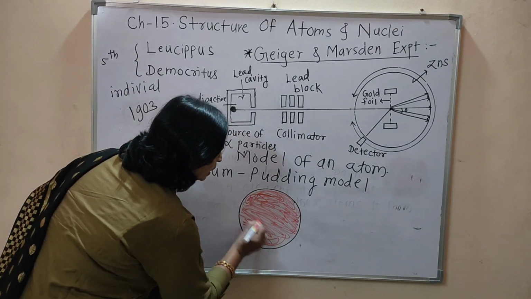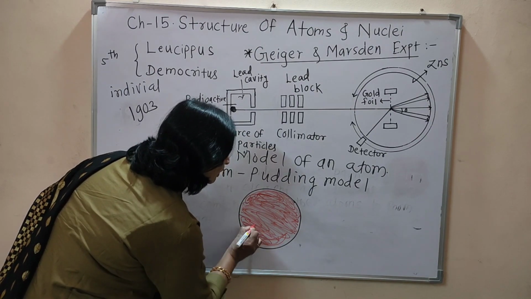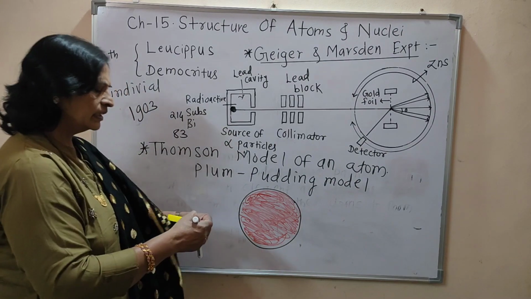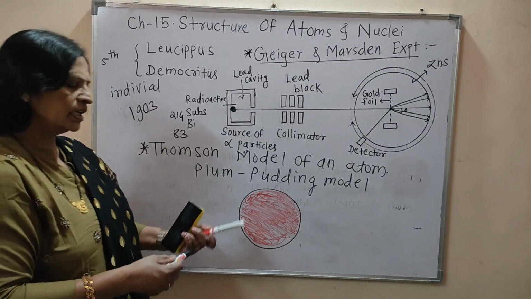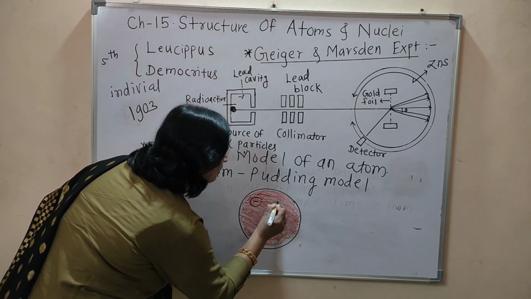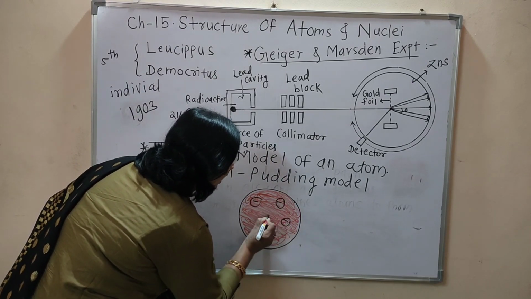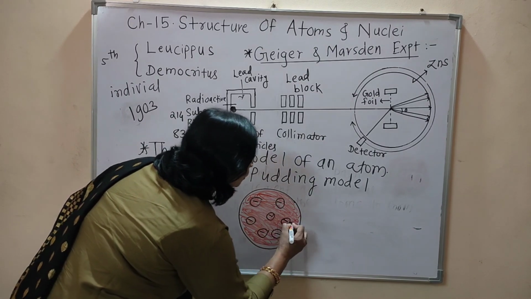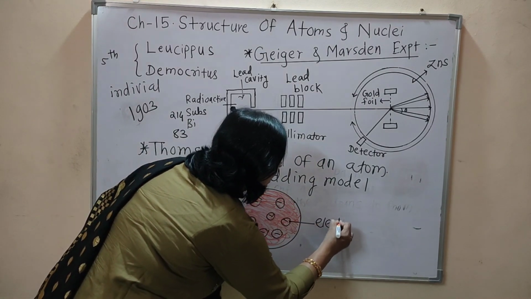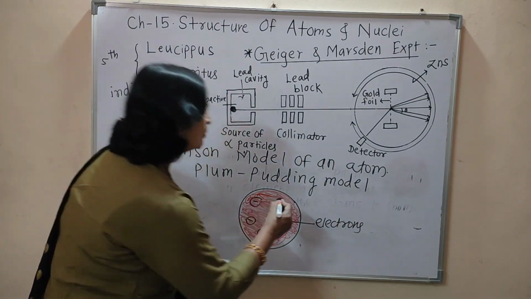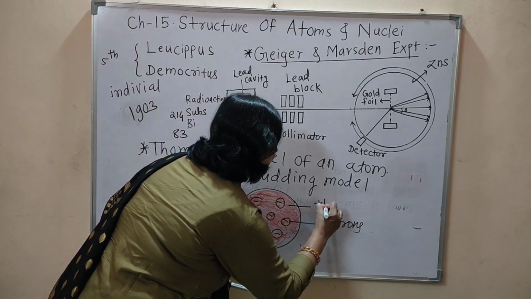This is the positive charge, uniformly distributed inside the atom, and the negative charge, the seeds of that watermelon, are present in this manner. The seeds of the watermelon are the electrons, and this red part is the positively charged part.